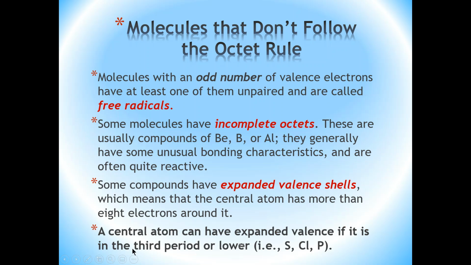Before we see that, a very important comment: a central atom can have more than 8 electrons if it is in the 3rd period or lower, all right? Basically, the only atoms that can have more than 8 electrons on the outer shell are those that belong to period 3 and all the periods below period 3: 3, 4, 5.